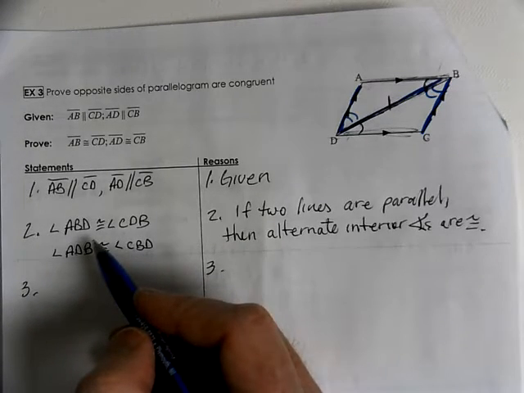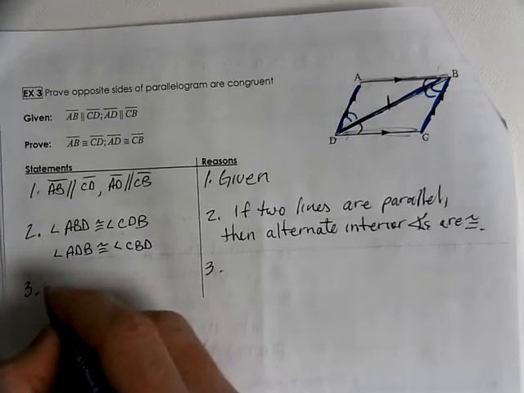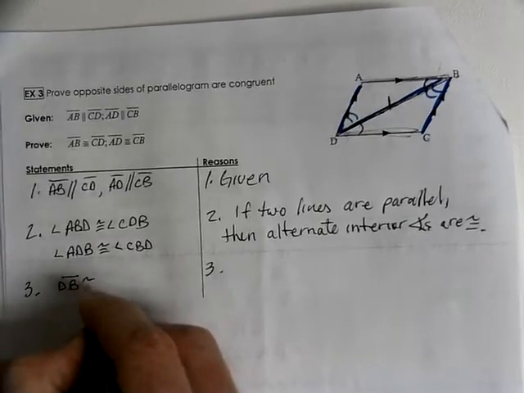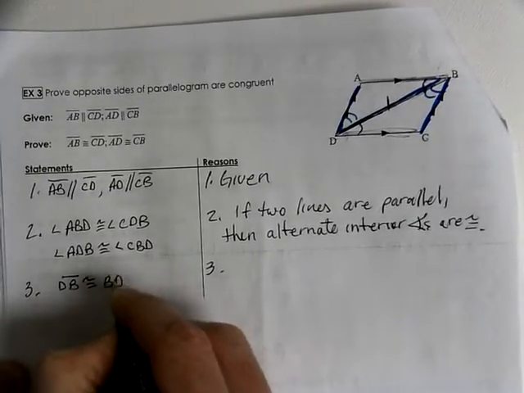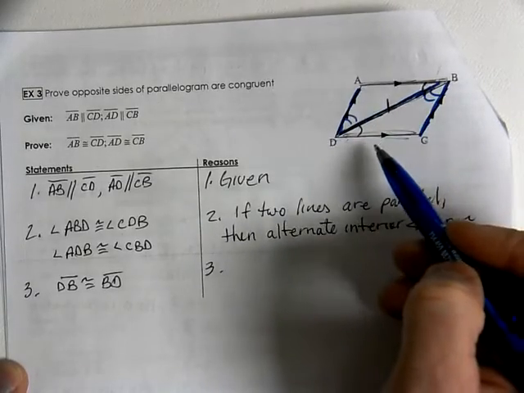Now we need a third piece of information. We talked about how that was going to be the segment that's in the middle, the segment that's being shared between the 2 triangles.